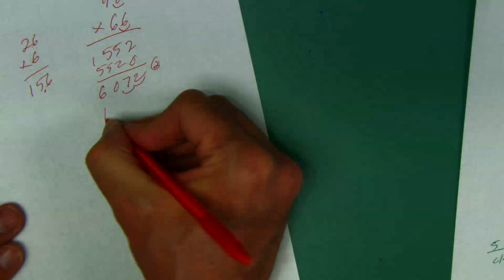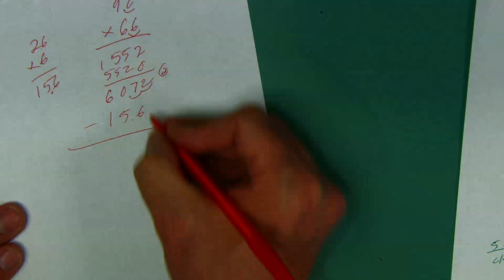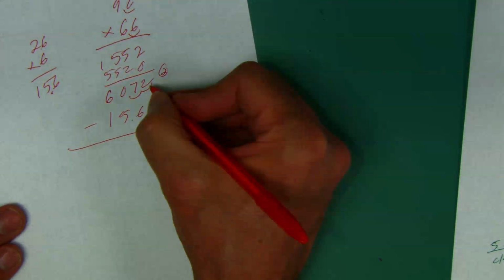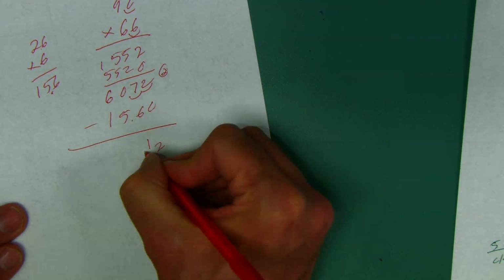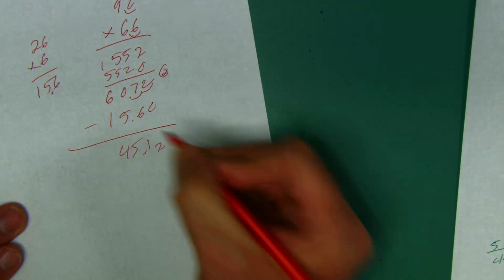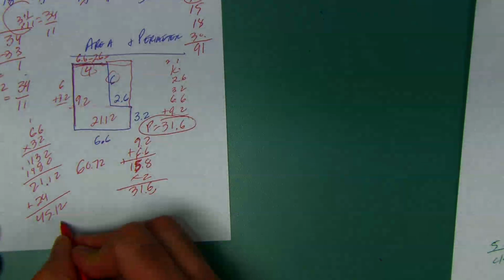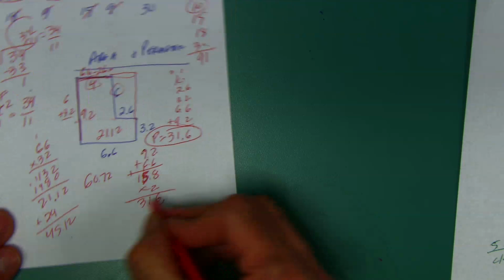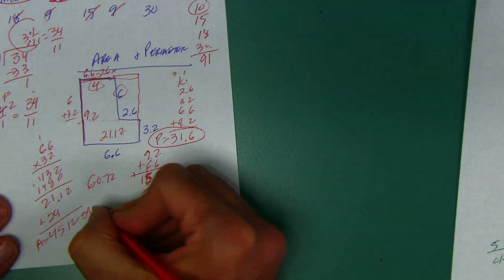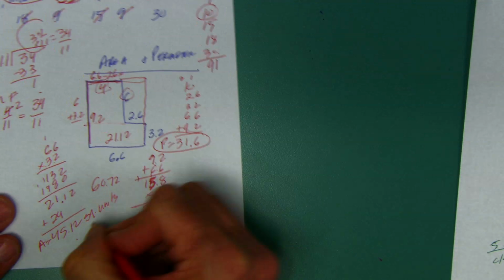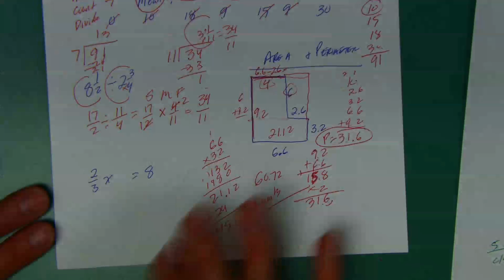Now I subtract 15.6 from 60.72, right? 45.12, we did it right. Okay, so the area equals, and I'm going to say square units, right? Square units.